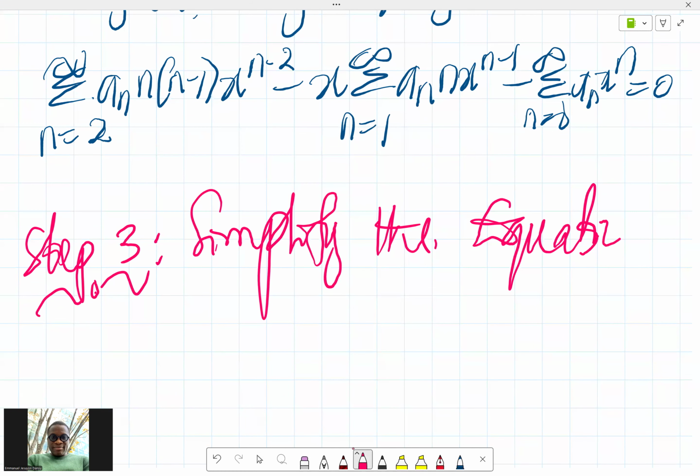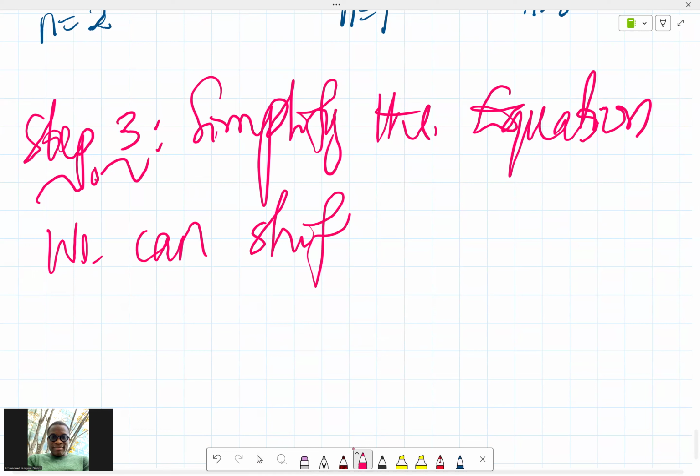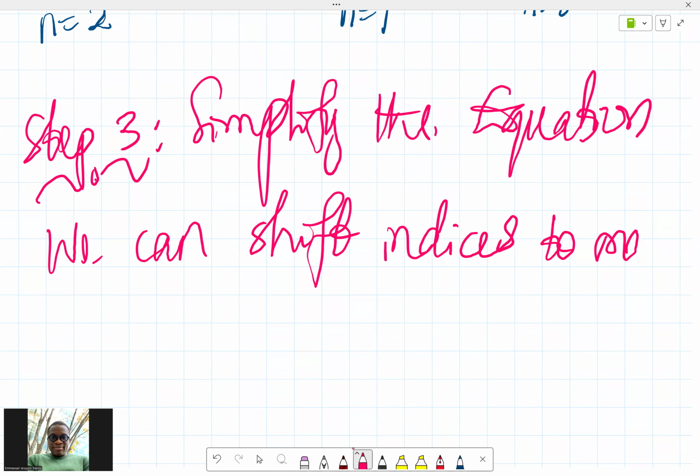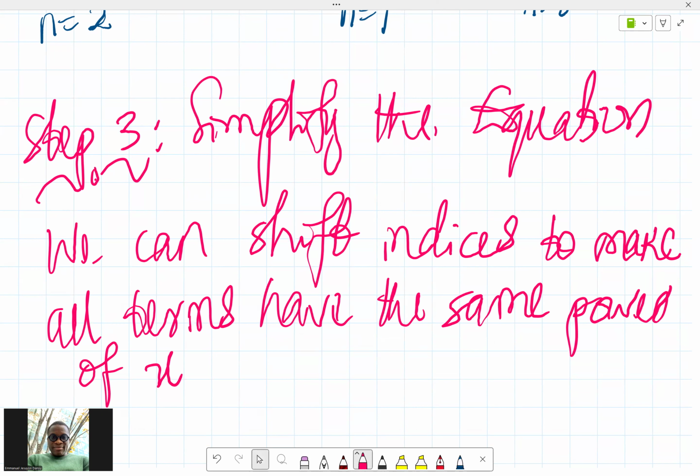When you simplify, this is necessary: we can shift indices. You can see one sum starts from 2, another from 1, and another from 0. We can shift indices to make all terms have the same power of x.